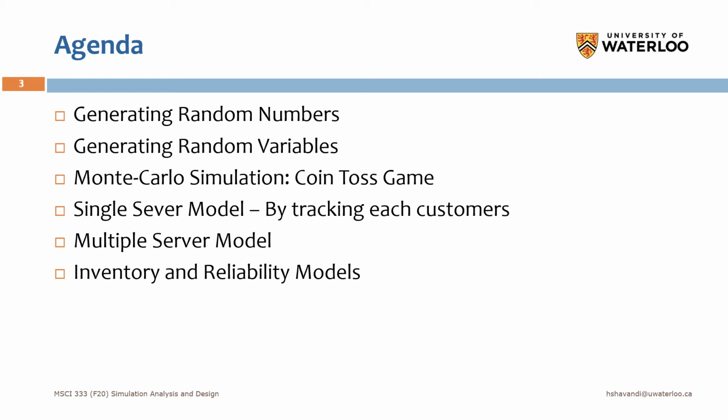A Monte Carlo simulation, which will be a coin toss game, and then we'll have some discrete event simulations, but we will do these simulations in a way that we are able to implement them in Excel. We'll see the difference between the approach in this chapter and the approach we will have in the next chapters. So we'll have a single server model, a multiple server model, and also inventory and reliability models.